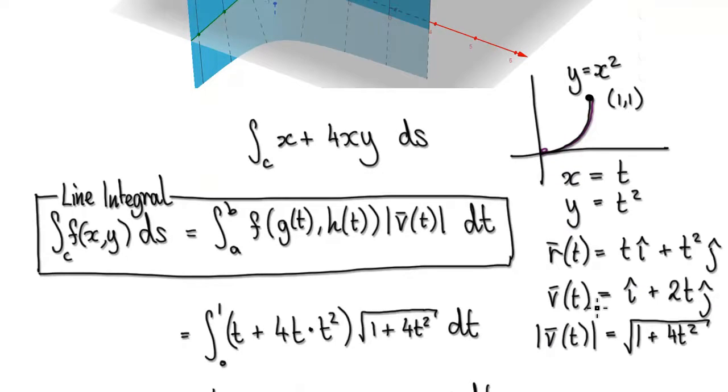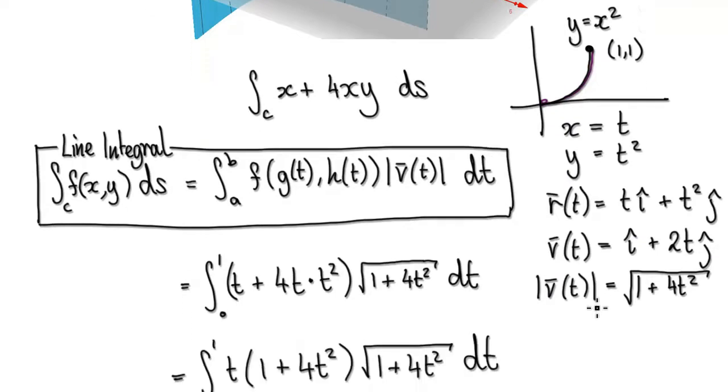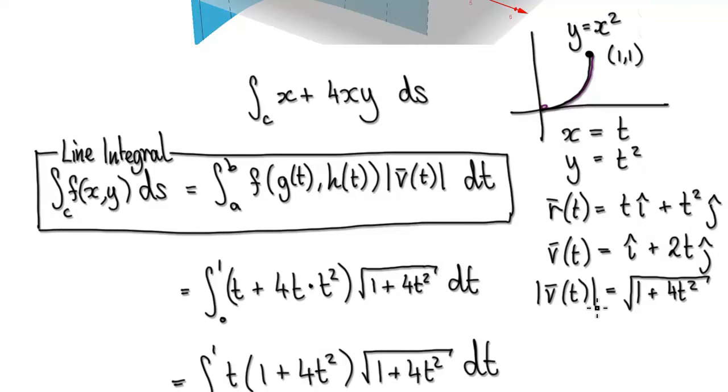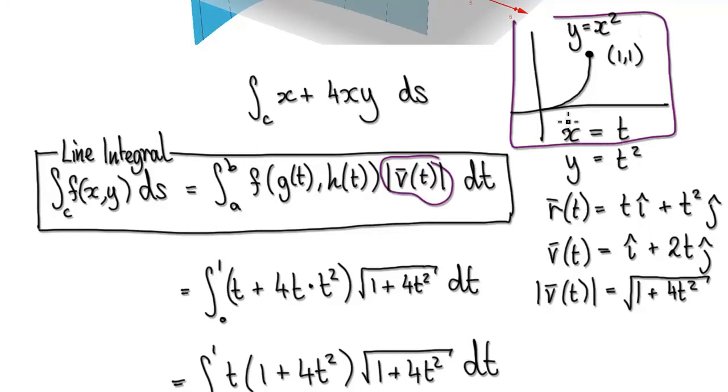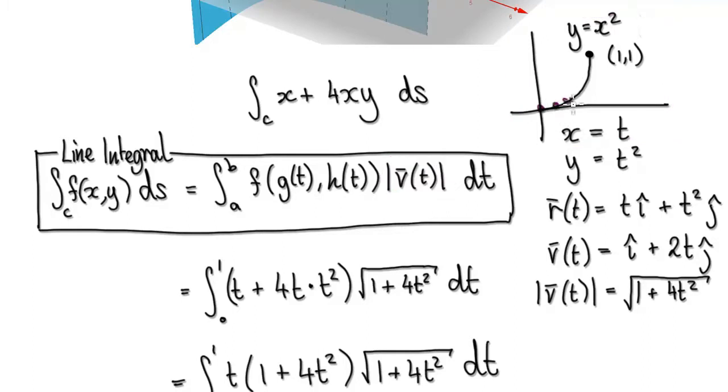So the formula we've already seen is given by this. We've got to work out the speed. So start out by driving our particle from the origin to 1, 1.